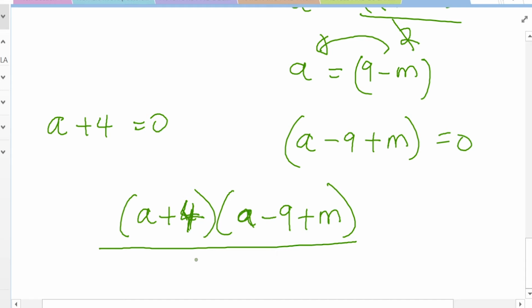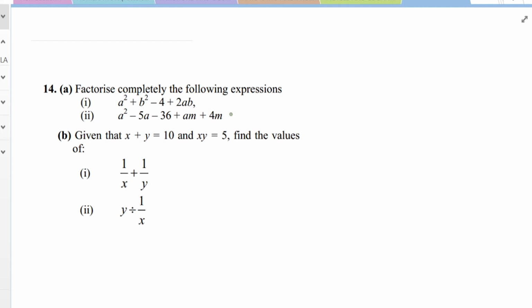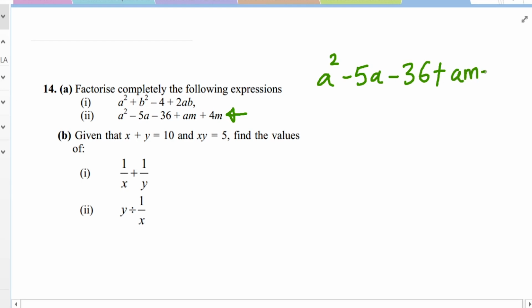And this way, we have factorized the expression fully. So I'm going to use another approach to factorize this. Again, we are still factorizing a squared minus 5a minus 36 plus am plus 4m.